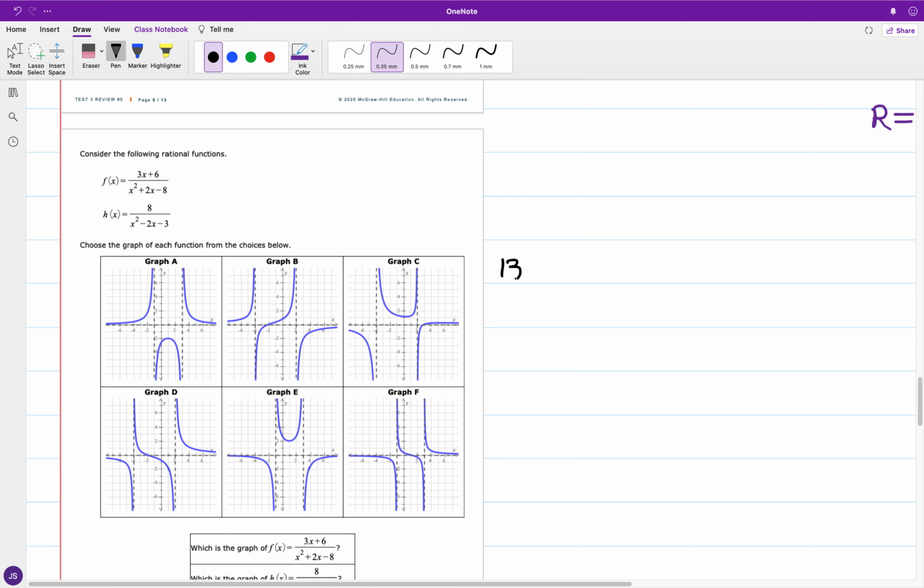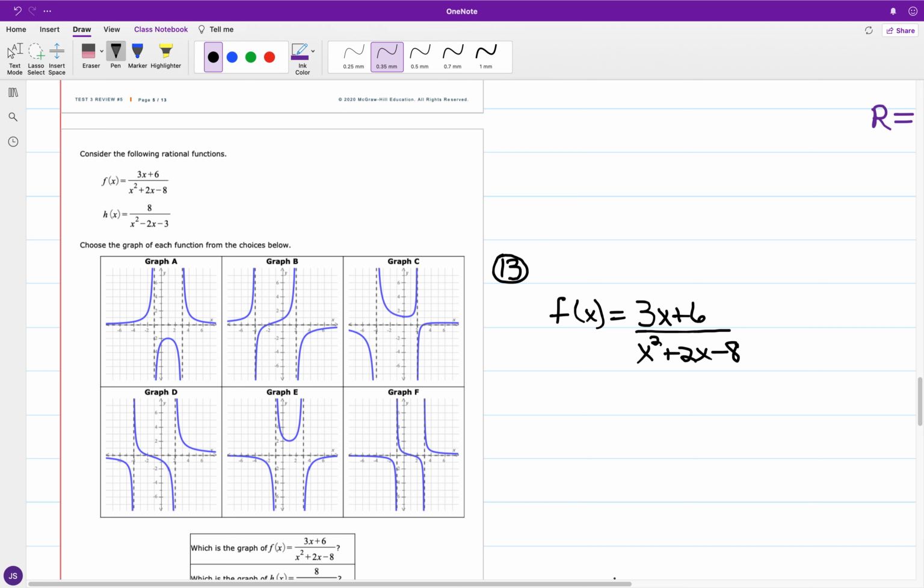For the first part, f of x is equal to 3x plus 6 all over x squared plus 2x minus 8. Now we're going to look for the asymptotes.